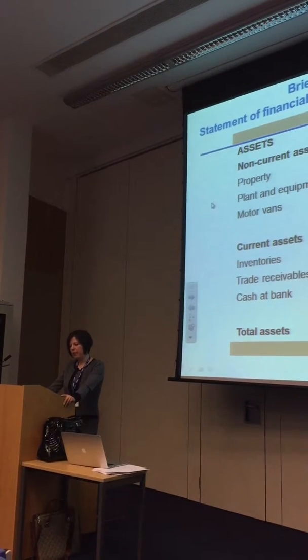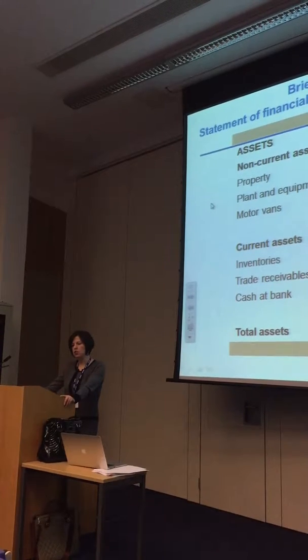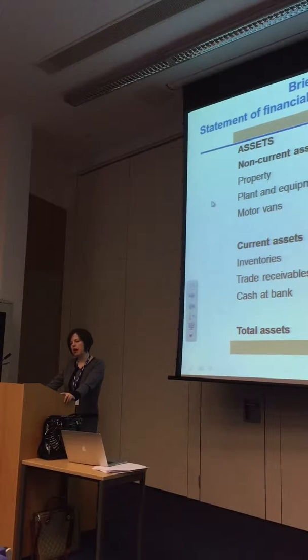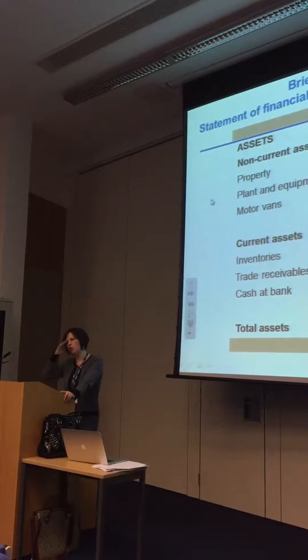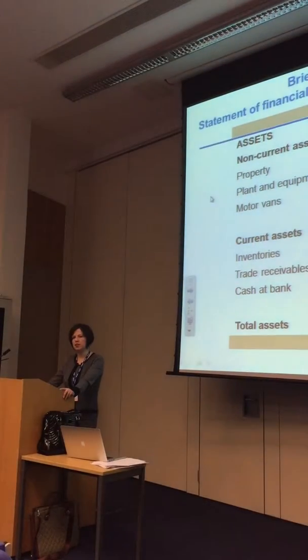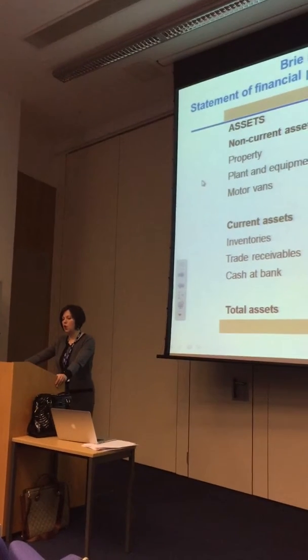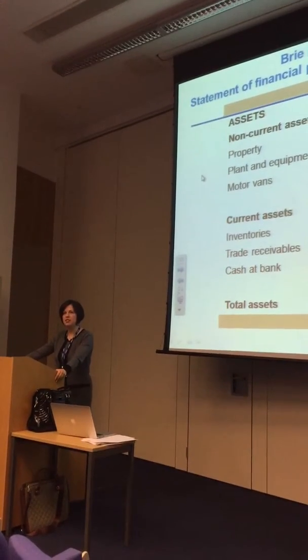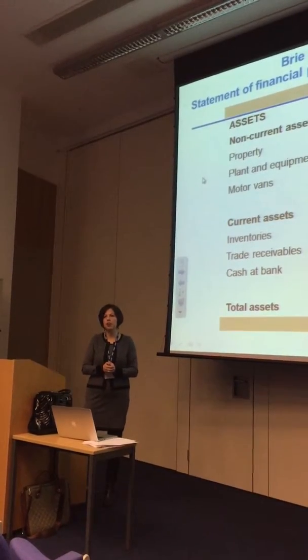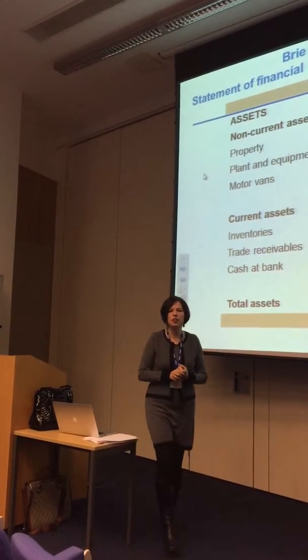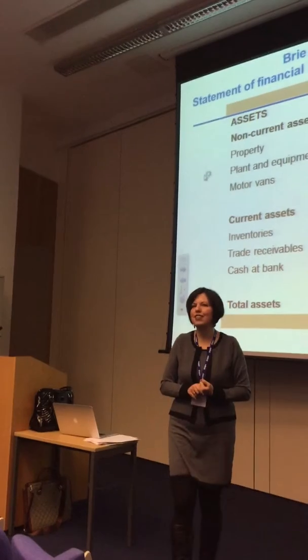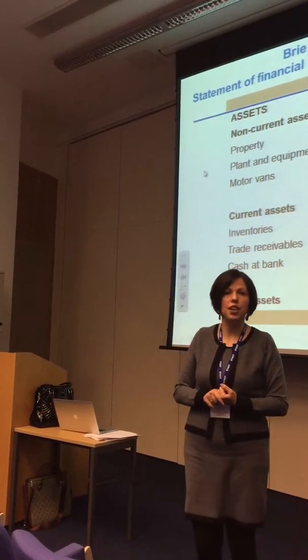So again, you've seen it before, but just to remind you, the components of a balance sheet. We have assets that consist of non-current assets and current assets. Non-current are those that we are usually intending to hold for longer than a year.